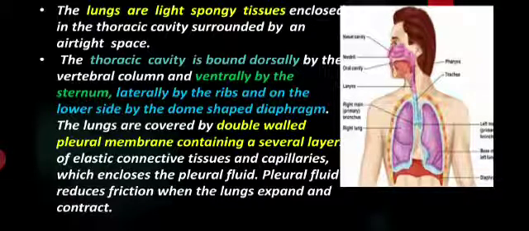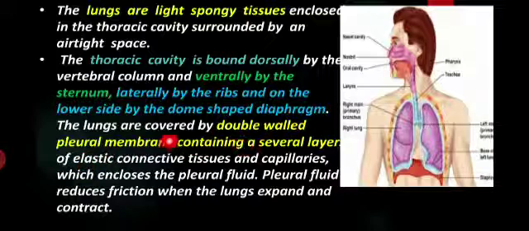The main function of the pleural fluid is to reduce friction, during the expanding and contracting of the lungs. Expanding means air is drawn in, and contracting means air is exhaled. So inhale and exhale happen through the expand and contract process. Okay? You have to see this.